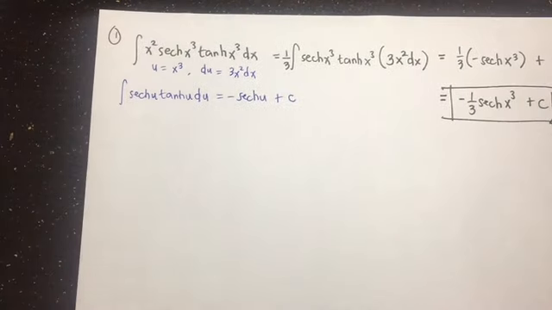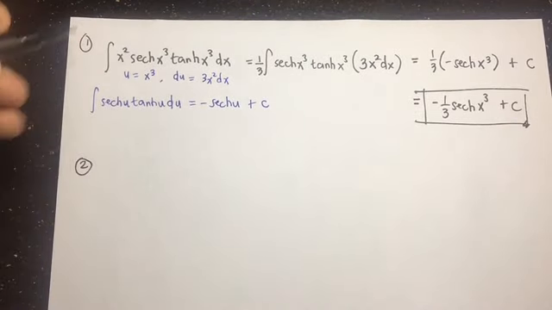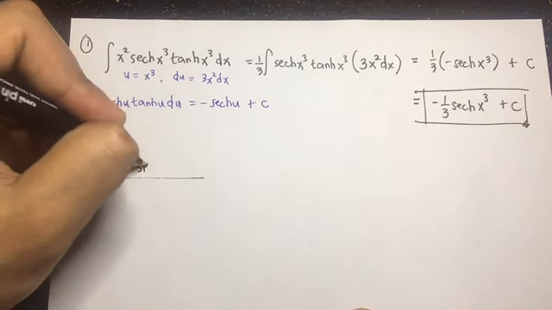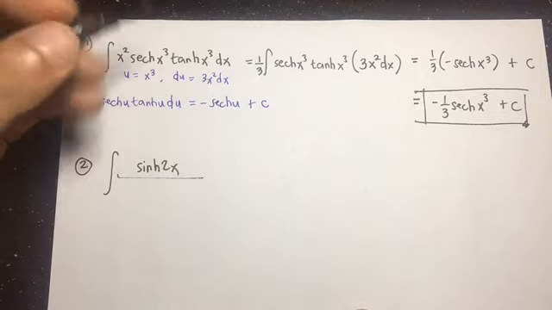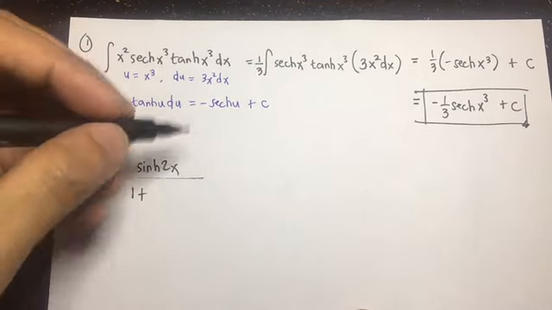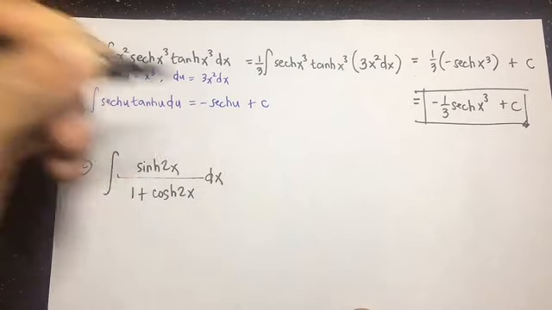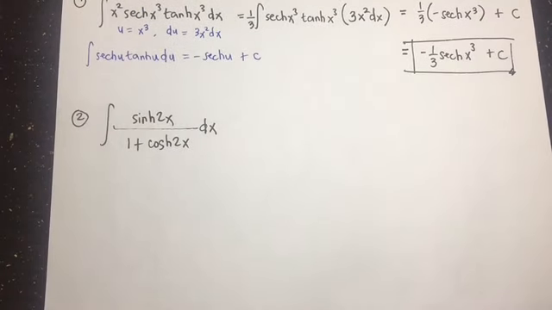Okay, so another example. Let's have example 2. We have the integral of hyperbolic sine of 2x over 1 plus hyperbolic cosine of 2x dx. In that problem, we can solve that using integrals that lead to logarithmic functions, particularly the natural logarithm.